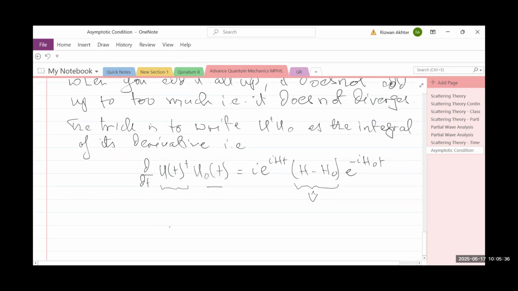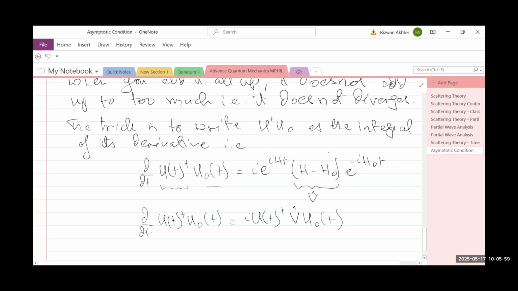So this thing would then become: the derivative of u dagger of t u naught of t would be equal to iota u of t dagger, and V is some operator, H minus H naught, u naught of t.